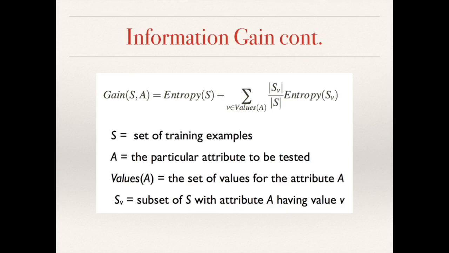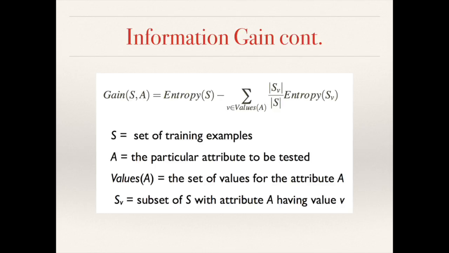Back to our decision tree construction problem. When we examine an attribute, we consider the entropy of the examples in our hands prior to adding any nodes to the tree. That is the entropy of S, where S is the set of training examples to begin with. The information gain is computed as the entropy of S minus the weighted sum of the entropy of the subtrees.